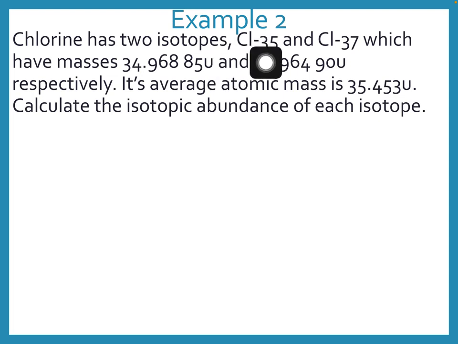Now you can see here chlorine-35, this rounds to 35, and chlorine-37, this mass rounds to 37. The masses for most things are slightly off, so the way that they have calculated what the mass of one proton or one neutron is, is by taking carbon-12 and dividing by exactly 12.